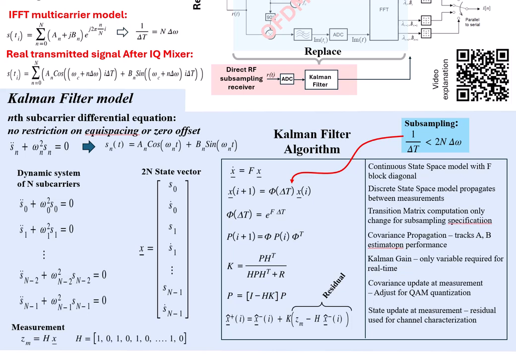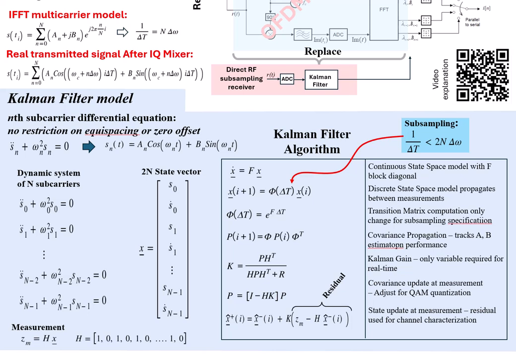We have the state dynamics equation with the system matrix F being block diagonal with 2x2 matrices along the diagonal. This simplifies the computation of the transition matrix, which transforms the state vector from one digital sample to the next. The covariance matrix P propagation step is simplified due to the block diagonal transition matrix.